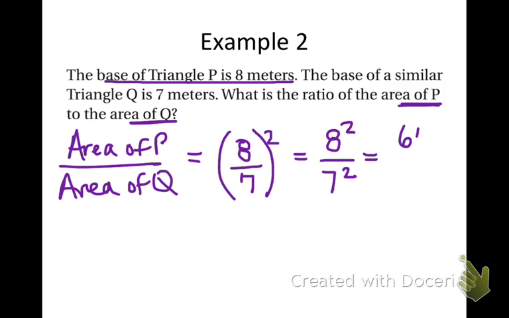So you have 64 to 49. And then we can change it to a mixed number, but we really don't want to, because that kind of blurs the lines when we're talking about the side lengths. You've got to keep them as distinct, discrete numbers. So the ratio of the area of P to the area of Q would be 64 to 49.